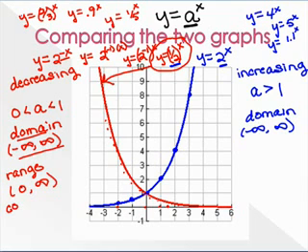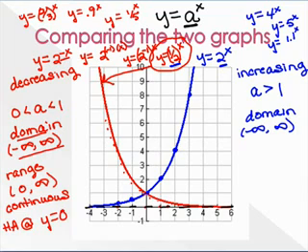And let me go ahead and write down. It is continuous. I can draw the whole graph without picking up my pencil. And it does have a horizontal asymptote at y is equal to 0. So the x-axis is the asymptote, and it is for both of the curves.